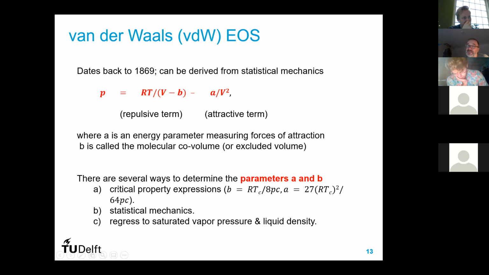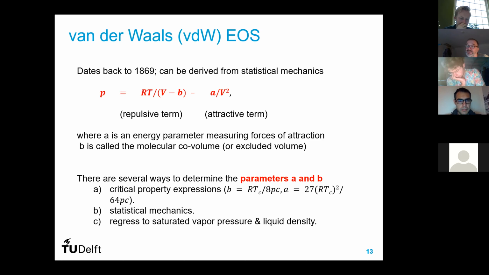The first one is critical property expressions. Most of them are at some point derived from statistical mechanics with some assumptions. You can derive more accurate ones, because here, as I said, usually we're truncating anything more than interaction between 2 molecules, and you can include more interactions. So critical properties, statistical mechanics, and in some cases, you can just directly regress it to your measurements.